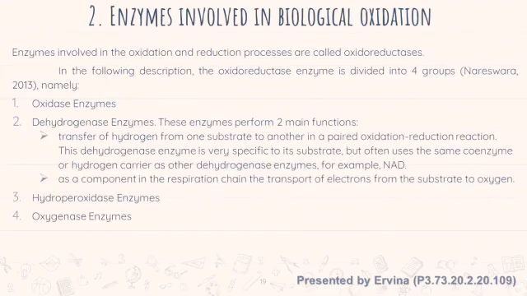First, transfer of hydrogen from the substrate to another in the pair by an oxidation reduction reaction. This dehydrogenase enzyme is very specific to its substrate, but often uses the same coenzyme or hydrogen carrier as other dehydrogenase enzymes, for example, NAD. Second, as a component in the respiration chain, the transport of electrons from the substrate to oxygen. Third, hydroperoxidase enzyme. Fourth, oxygenase enzyme.